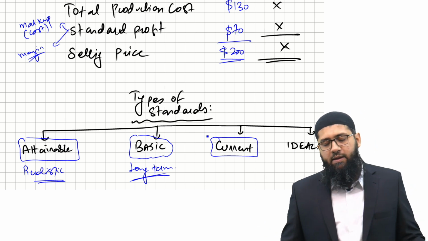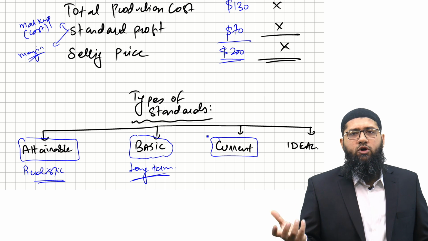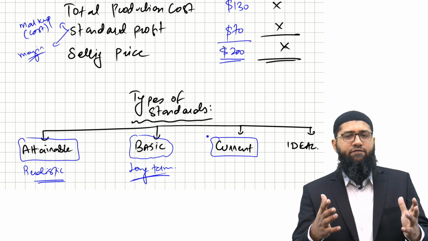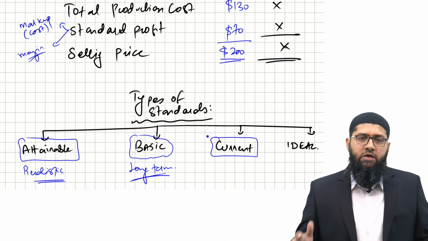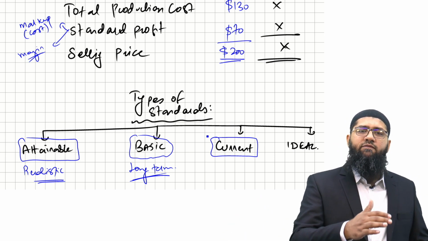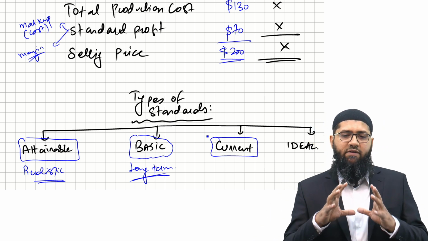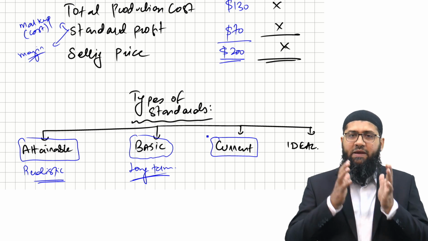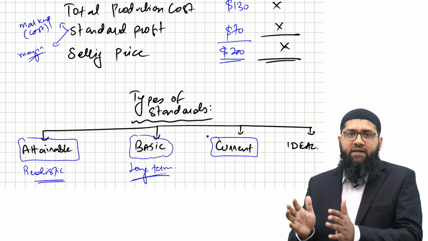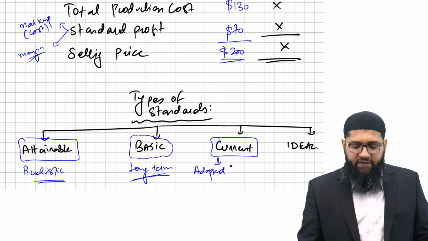Like in the COVID days, the circumstances were different compared to a normal situation. So you would be required to have a specific standard set, keeping in mind those differences in operating circumstances. So a current standard is one that is adapted to the current situation.